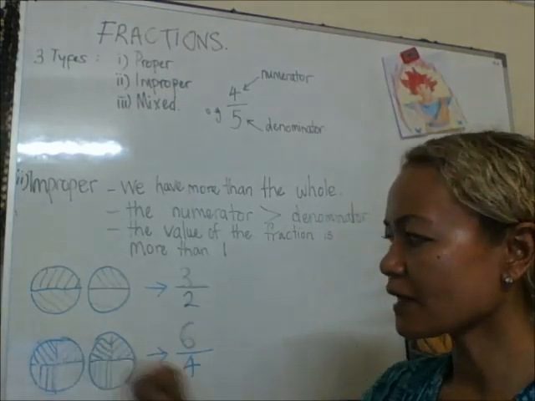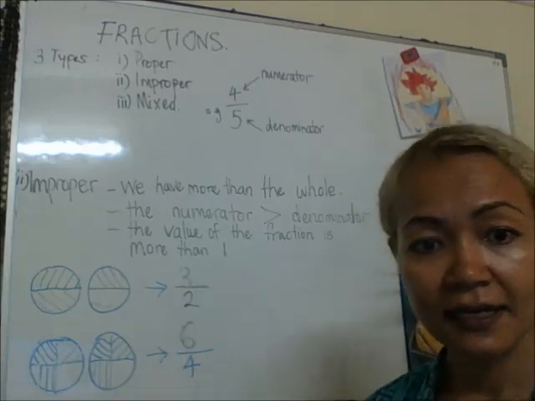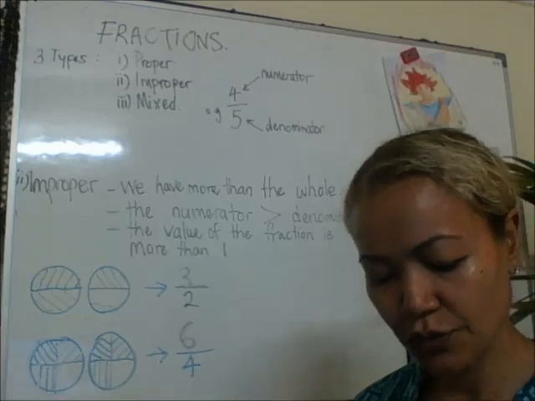So out of the possible 4, out of each whole, 1, 2, 3, 4, 5, 6. 6 over 4. Improper fraction number 2.